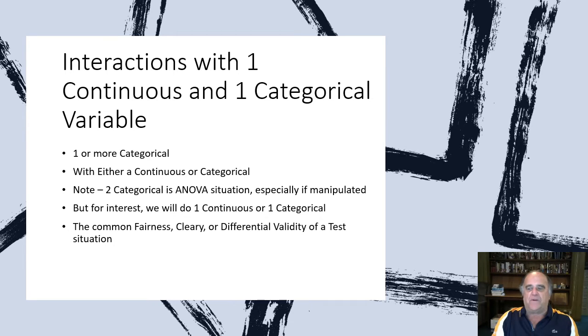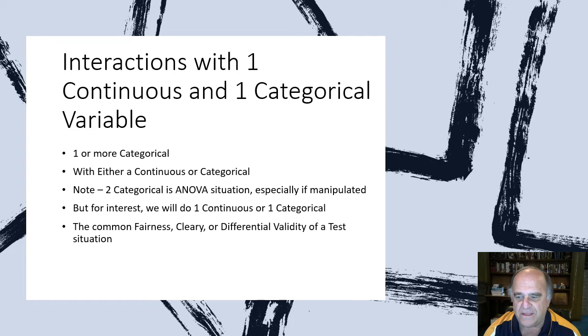So typically what we have in this situation is one continuous and one categorical variable. So we're going to do one continuous and one categorical variable. And what's interesting is that matches up with one of the more common dilemmas we find in psychology, the issue of are tests fair or do tests have differential validity, which is sometimes called the Cleary model of regression, or Cleary model of fairness.